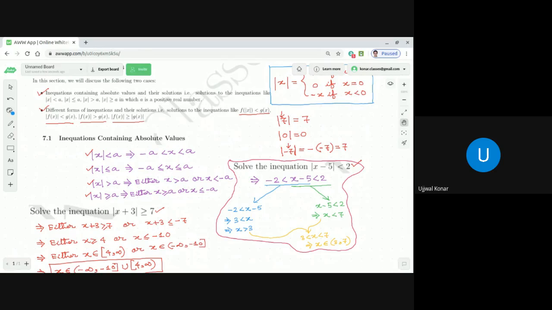Now let us concentrate on different forms of inequations, and let us give complete focus to this particular topic: different forms of inequations and how to take care in each of these cases.